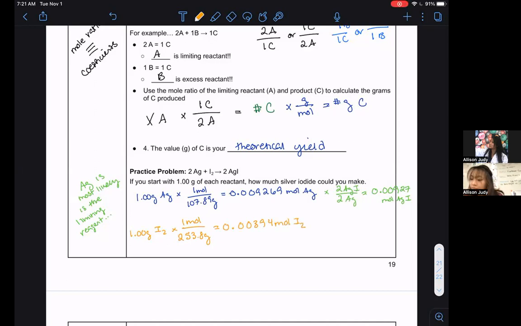Diatomic iodide. And I know according to my chemical reaction that, well, for every 2 moles of AgI I produce, I need 1 mole of I2.